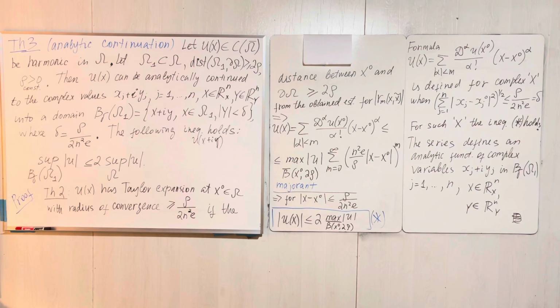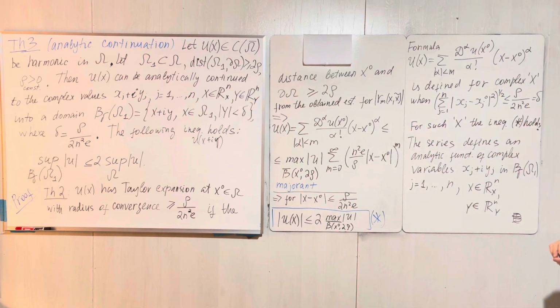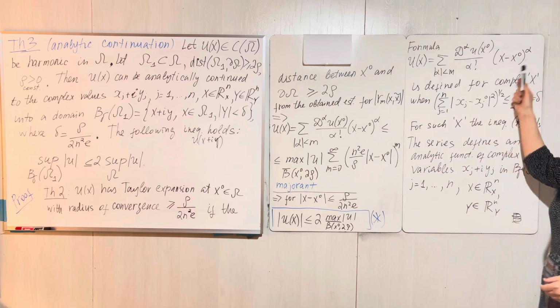And then we can say that this formula, our Taylor series, that was derived in theorem 2, well, not derived, discussed, right?